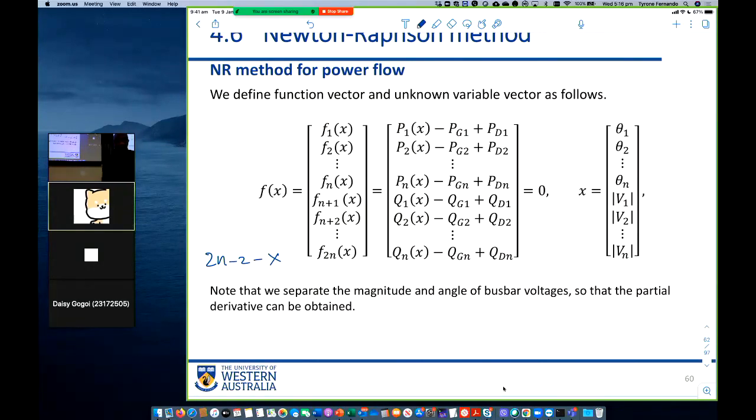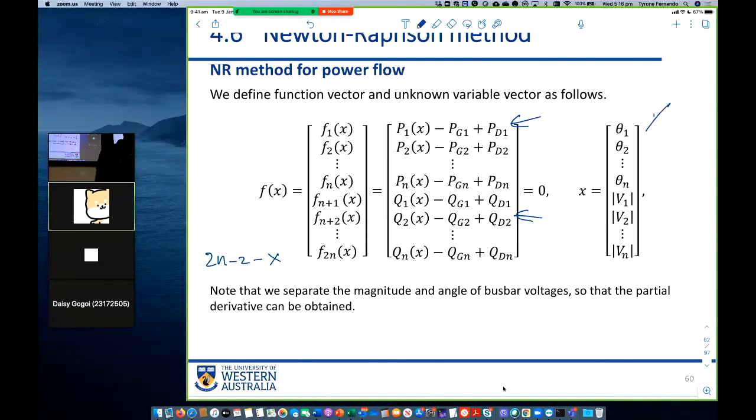We know there are equations for active power equal to 0, what flows in flows out, for each of the buses, and reactive power flow in equal to flow out.